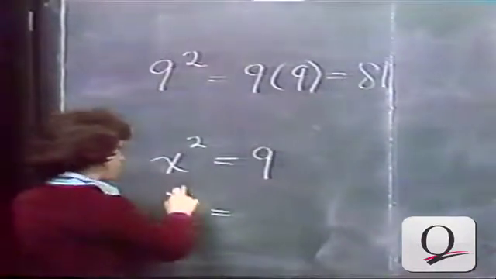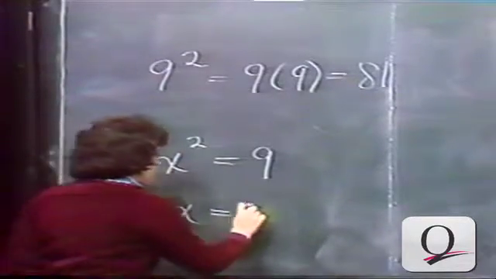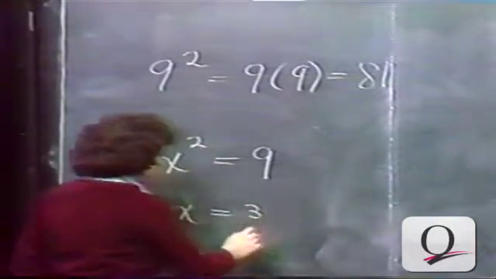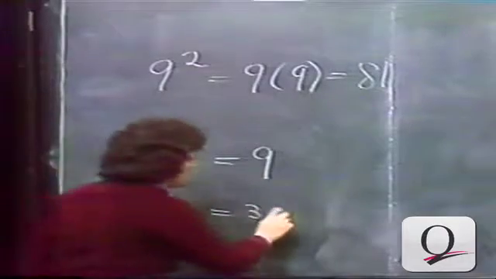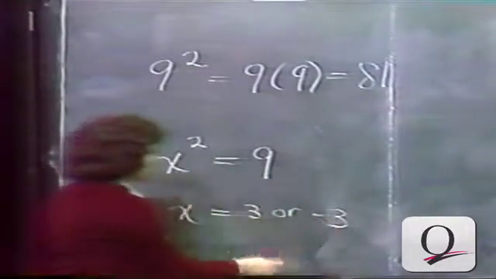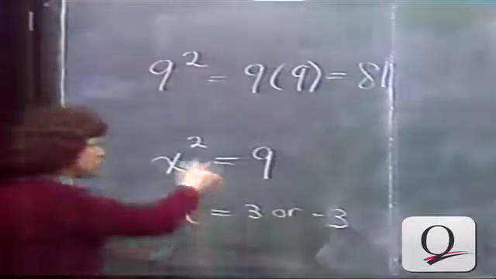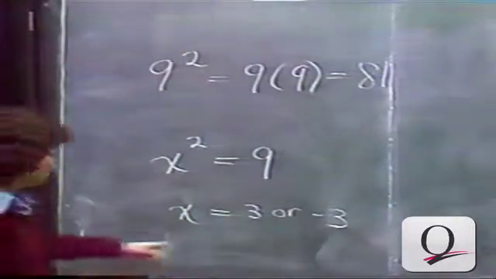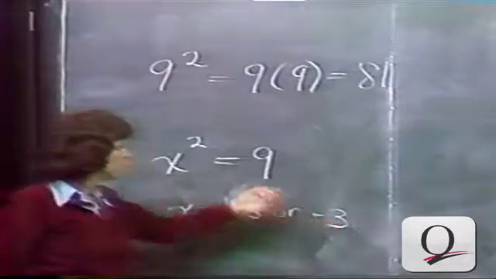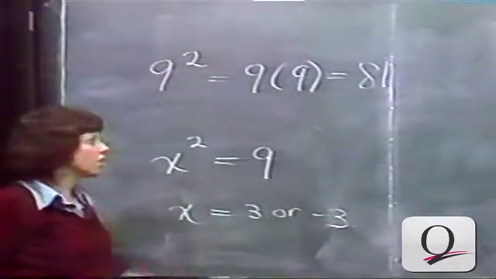If x squared is 9, x could be 3, because 3 squared is 9. But it could also be minus 3, since minus 3 squared, minus 3 times minus 3, is also 9. 3 and minus 3 will be known as square roots of 9.